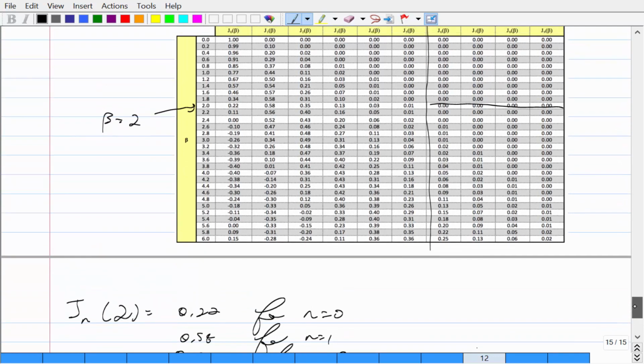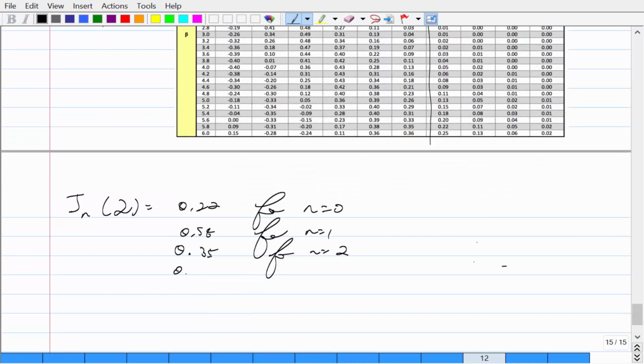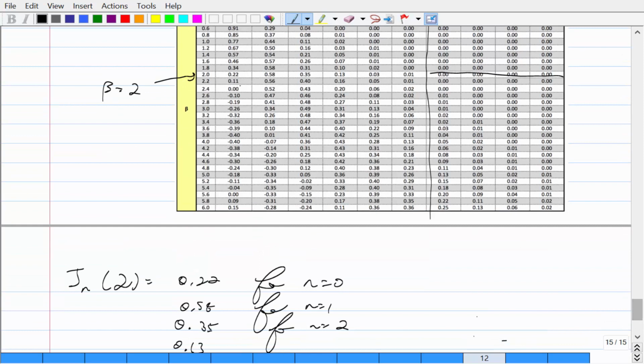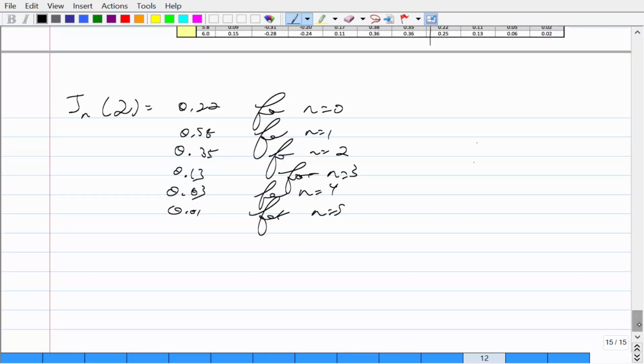So we have 0.13, then 0.03 and 0.01, for n equal to 3, n equal to 4, and n equal to 5. Sorry, can't write today. So there's 6 coefficients here. That's what we have.